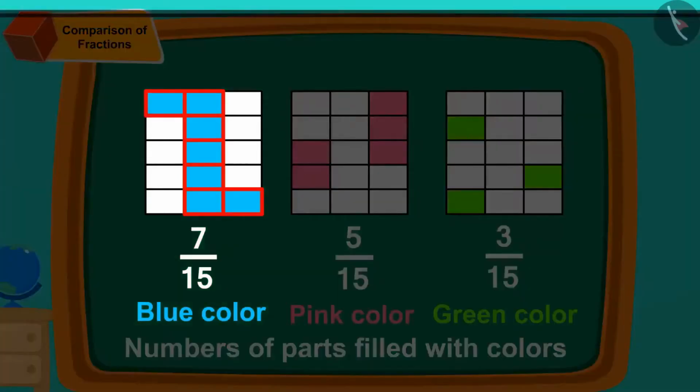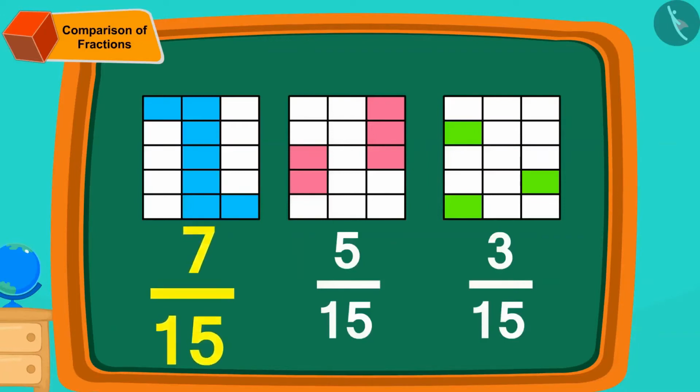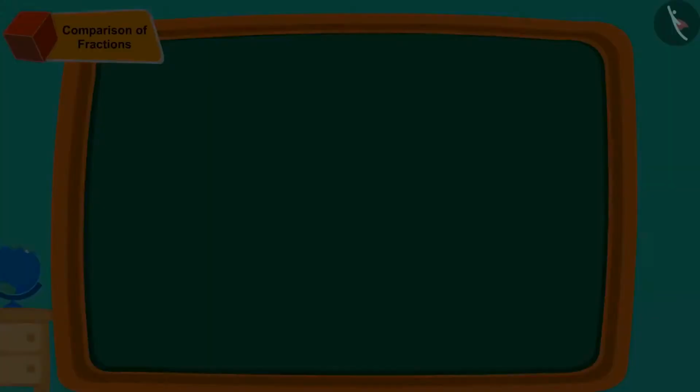Here, 7 is the highest. Hence, the biggest part of the design, 7/15th, is filled with blue color. So, the fraction 7/15th is bigger than both of these fractions, 5/15th and 3/15th.